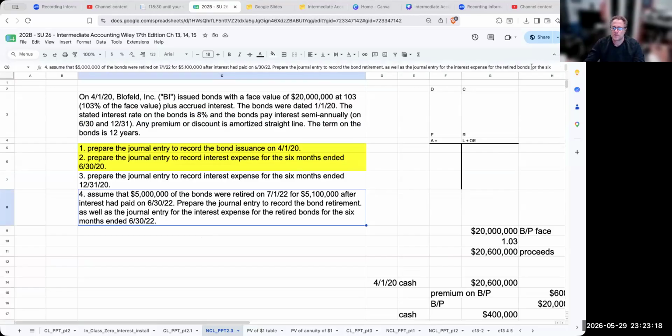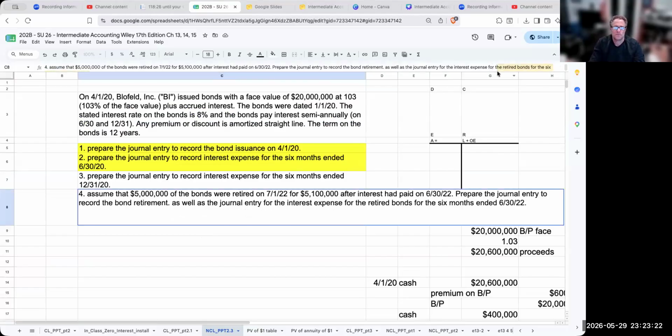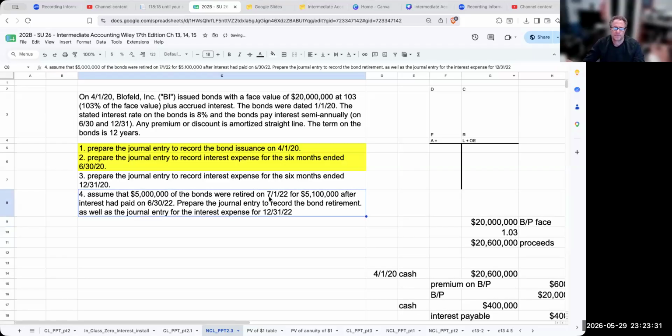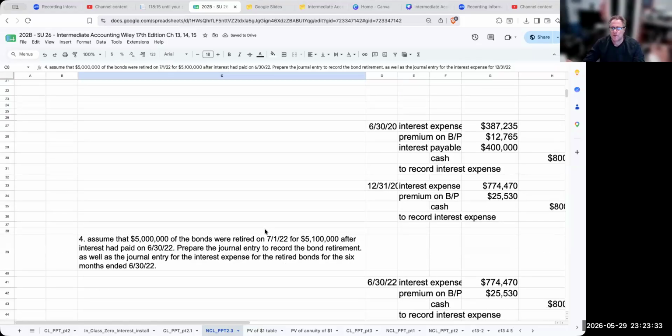So the journal entry for the interest expense for, let's see here. Let's do 12/31/22. Okay.